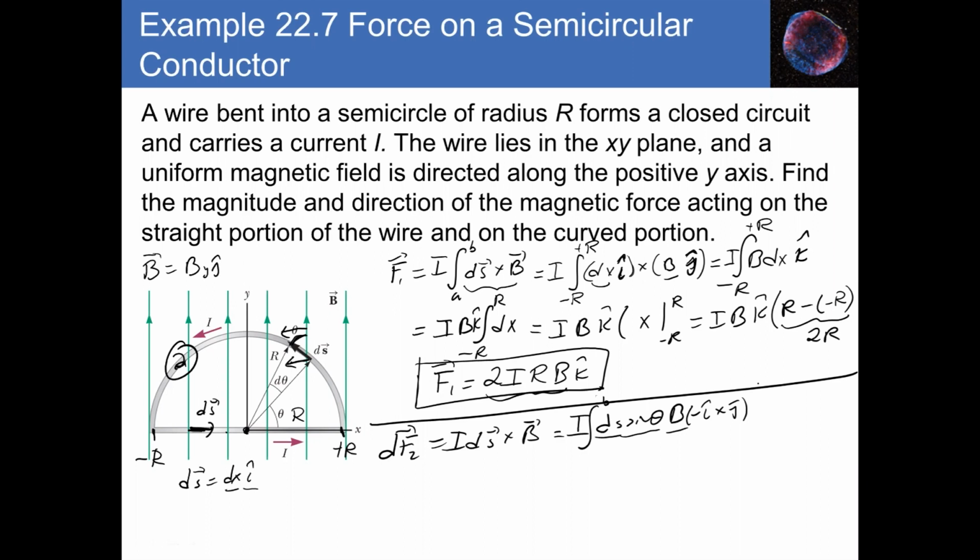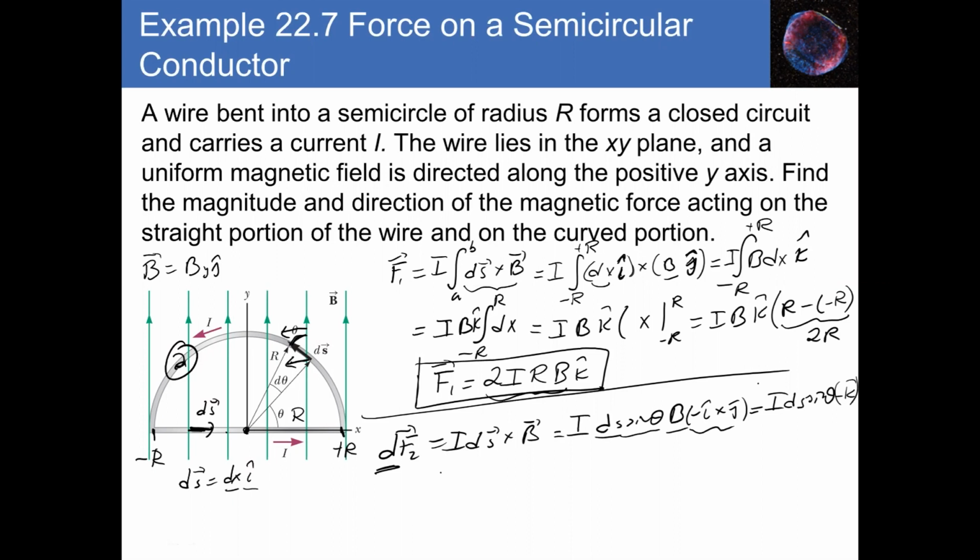This is before I do the integration, because I'm still using dF2 over there. So I'm going to have I times ds times sine of theta, and when I do this cross product, I'm going to get negative k hat.